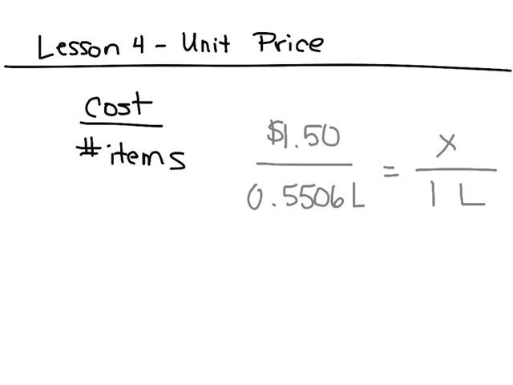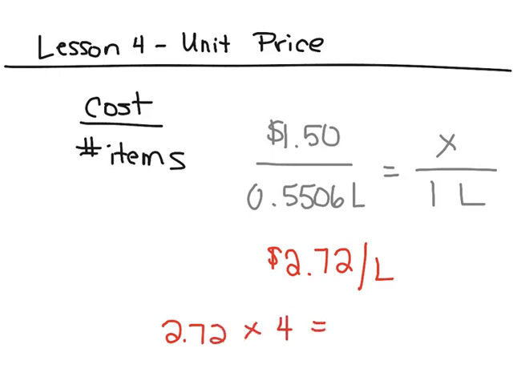So we're going to cross multiply and divide, and we get $2.72 per liter. Now we want to buy 4 liters of this, so we could do 2.72 times 4. So it would cost you $10.88.